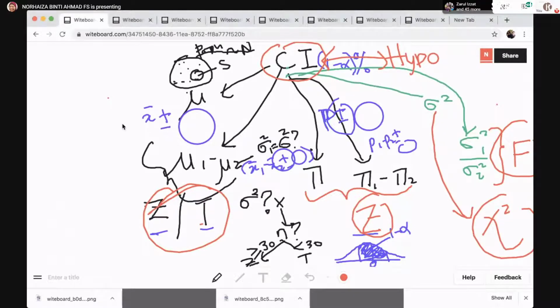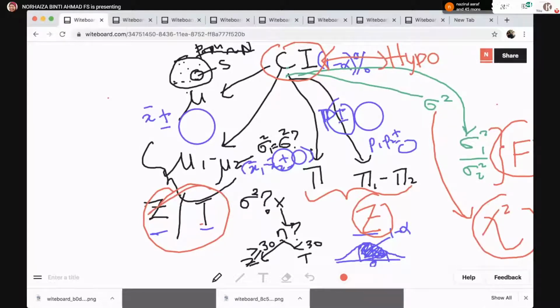Okay, so remember when we do confidence interval, the associated sampling distribution for mu has a Z or a T, and for pi it is Z, single population variance is chi-squared, and for ratio of variances is F. Can you remember that?